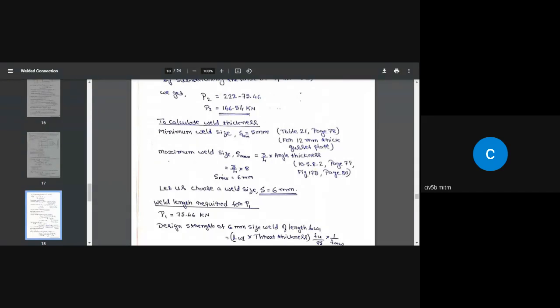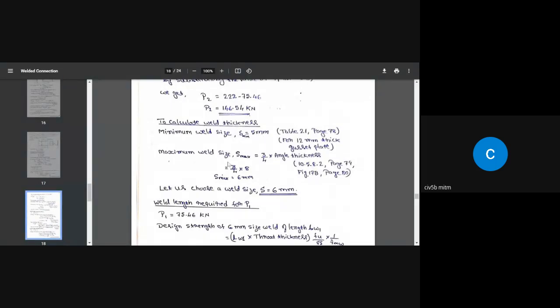For a 12 millimeter thick plate, the minimum size of the weld we need is 5 millimeter, along the same line in the table. That's why I have written S is the size of the weld, the one we are going to use to represent the weld width. So S minimum is 5 millimeter.